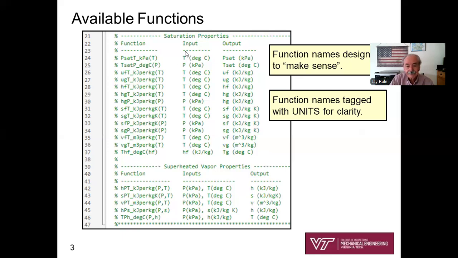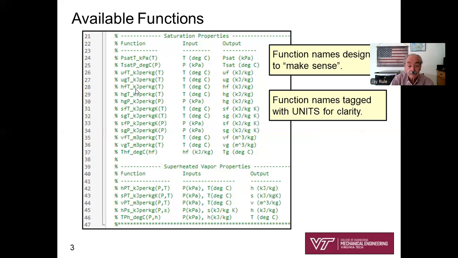The input is T in degrees C, and the output value is the saturation pressure, in other words, the pressure at which water boils for this boiling point temperature. Let's look at the function name. P, that's the output. PSAT, that's what we're looking for. The next is T as a function of T_units.